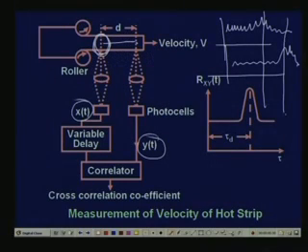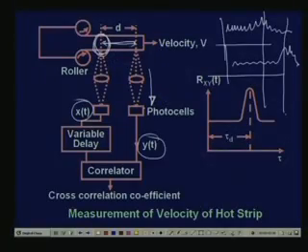Therefore, as it travels, when we take the signal through the second set of sensors, the signals received here are going to be a time shifted version of the signals in this channel.